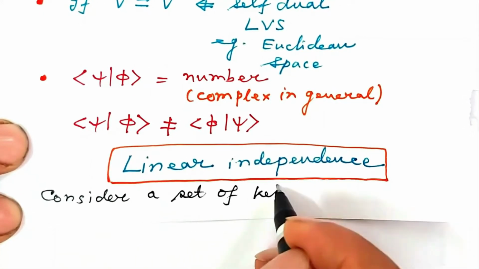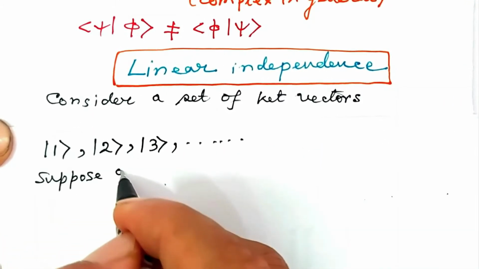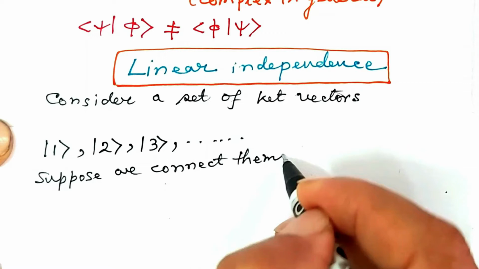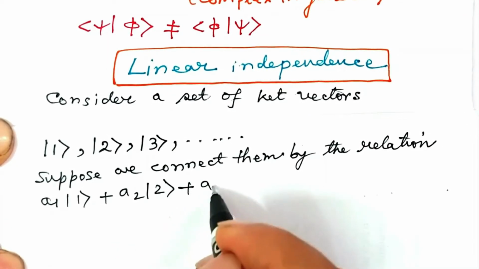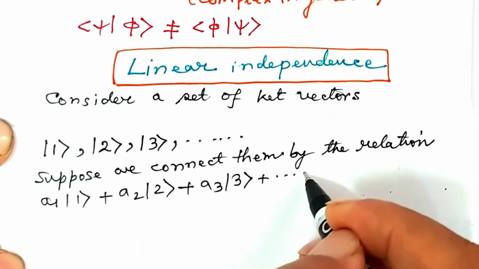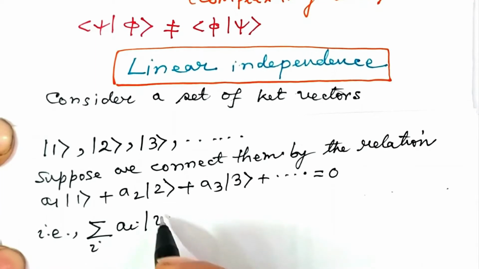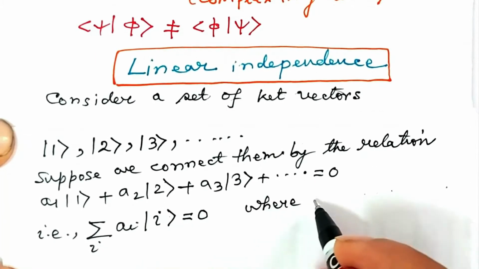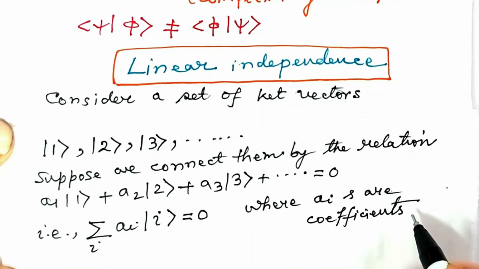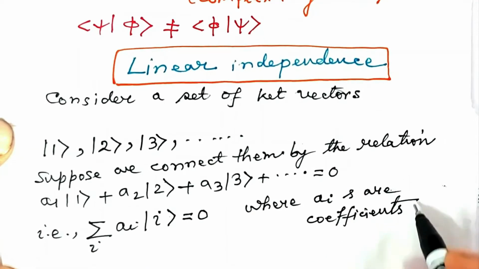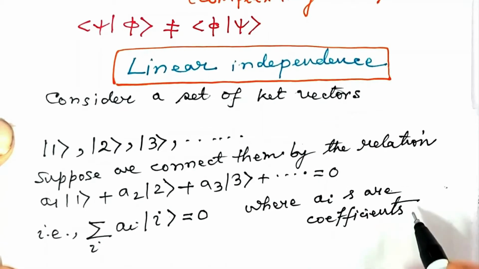Consider a set of Ket vectors, Ket1, Ket2, Ket3 and so on. Suppose we connect the Kets by the relation A1 Ket1 plus A2 Ket2 plus A3 Ket3 plus etc. equal to 0. That is, summation over i, Ai Ket i equal to 0, where Ai's are coefficients of Ket i, that is A1 is the coefficient of Ket1, A2 is the coefficient of Ket2, A3 is the coefficient of Ket3 and so on.